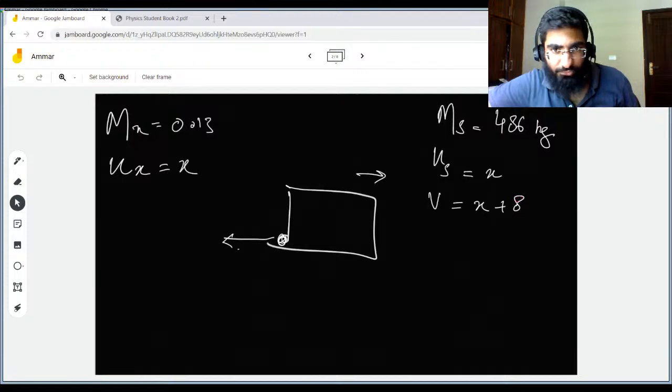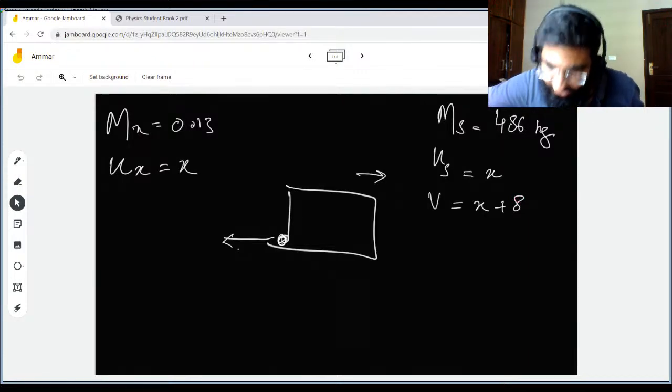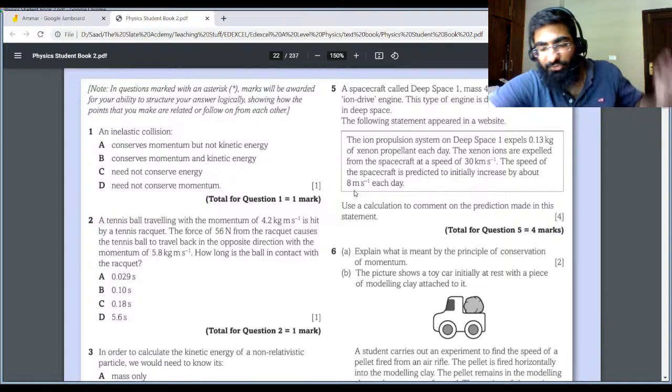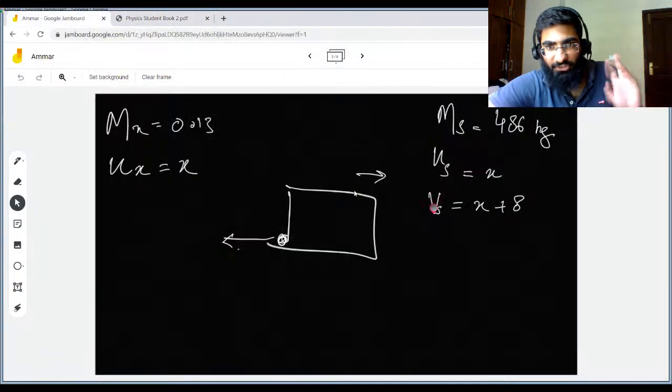V is equal to v of spacecraft. It says that the speed of the spacecraft is predicted to be initially increased by about 8 meters per second each day. So whatever its initial speed was, it increases by 8.